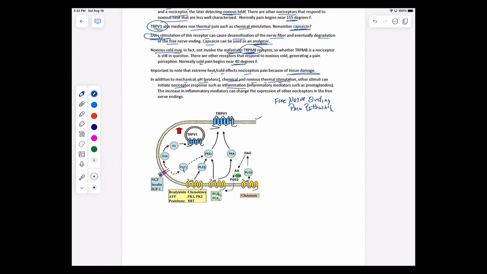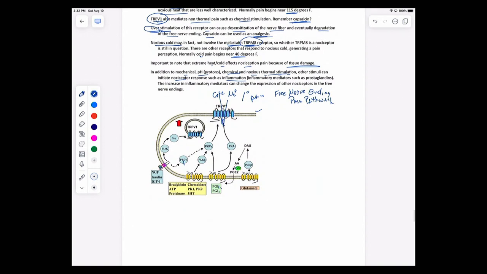So this would be a free nerve ending, primary sensory for pain. Okay, so there's my TRPV1. Again, it interacts, and you're going to have calcium, and you're going to have sodium flowing in and then initiating a signal in the pain pathway. Okay, so you have that.